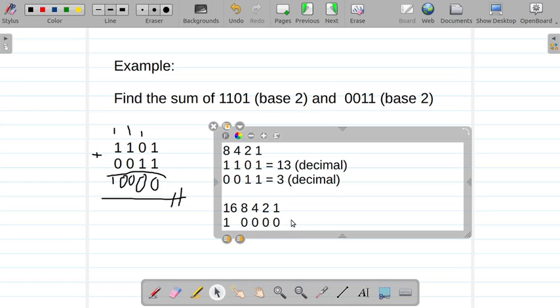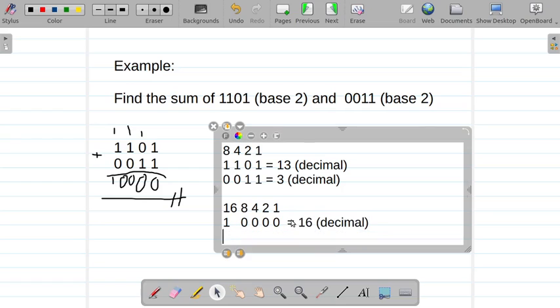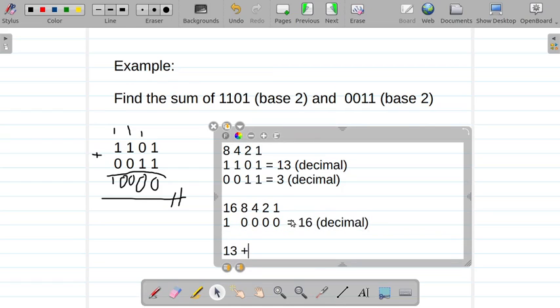So, iyang equivalent sa decimal is 16. Which is kung mag-add ka og 13 plus 3 sa decimal, naa kay 16. So, mao na ang equivalent sa 16 sa binary, mao na niya equivalent sa decimal. So, sakto ang atong solution.